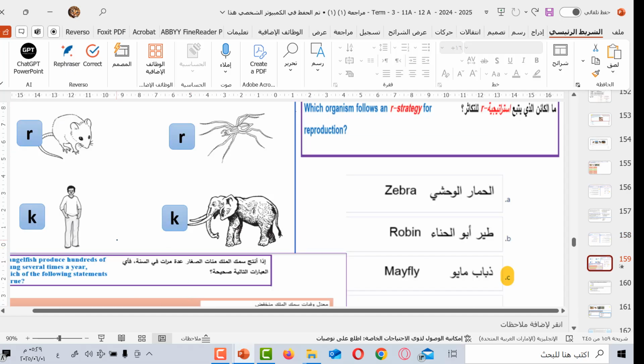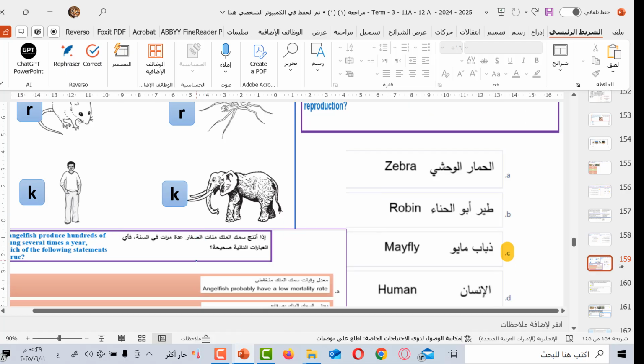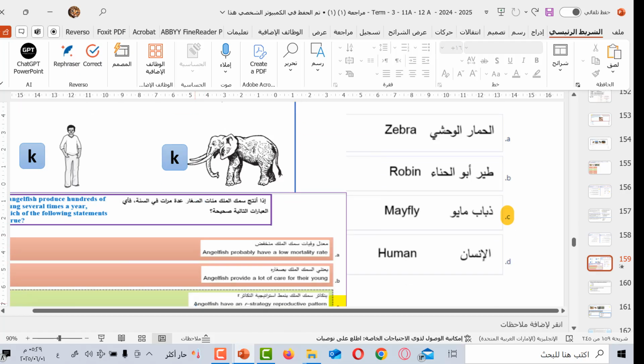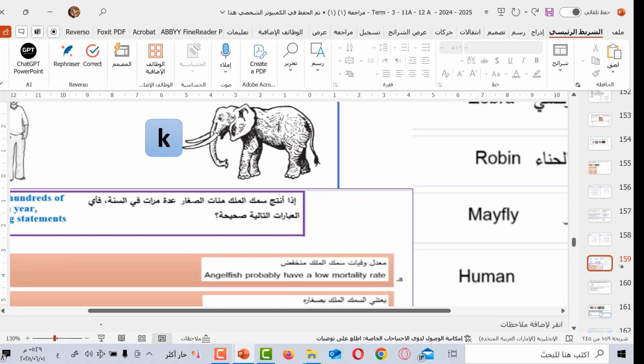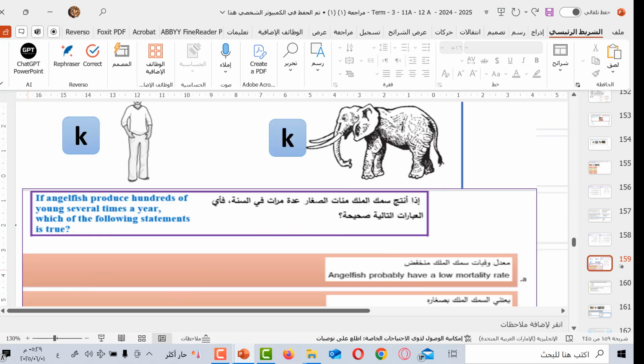هنا مثلا السؤال ده في عندك هنا ده R ده K. هنا بيقول لك: if angelfish produce hundreds of young several times a year.